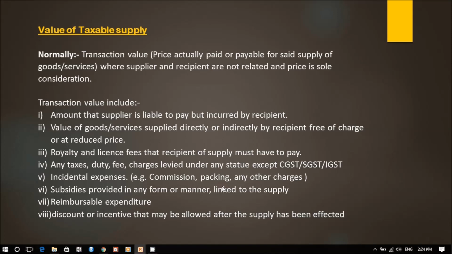Then in that case that will be reduced from the taxable supply. But if there was no such condition, and later the supplier gives the additional discount and the incentive, yeah, give it, no problem, but that would not be reduced from the value of taxable supply, and the GST would be paid on that incentive and the discount as well.